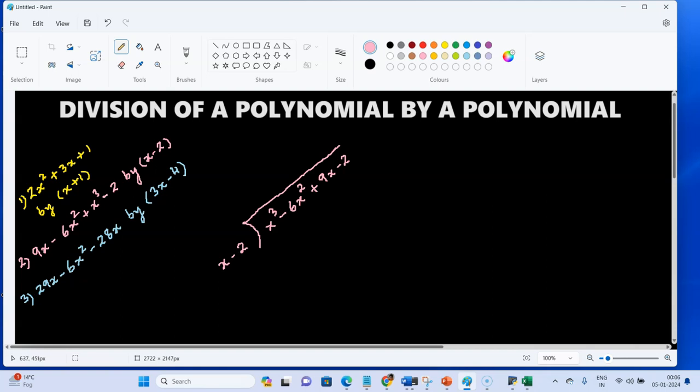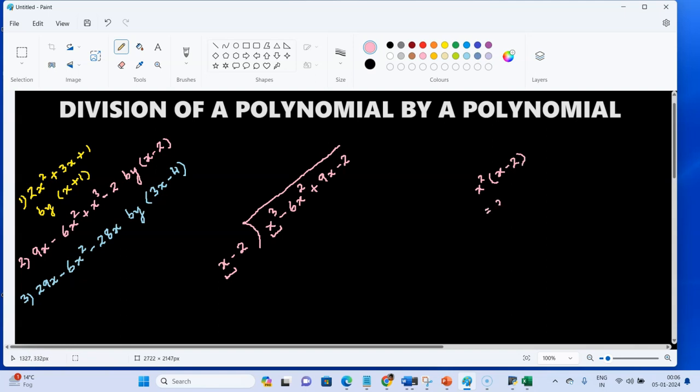Now guys, here we have x cube and here we have x. So by what number do we have to multiply x so that it could become x cube? And that number is x squared. That means we have to multiply this x squared with the whole x minus 2. Right? So what could be the answer?